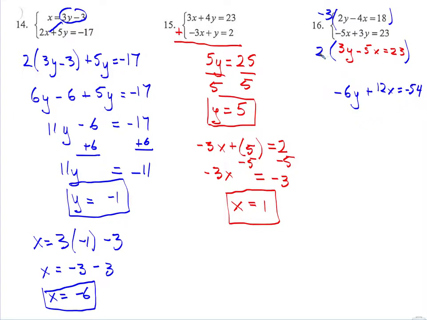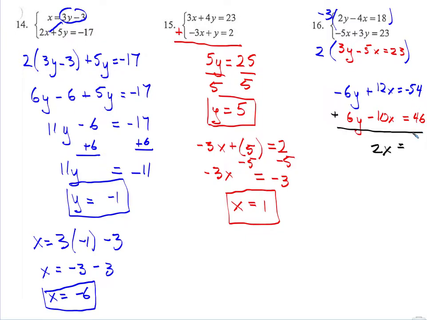And then multiplying the 2 through our equation becomes 6y minus 10x is equal to 46. And then let's go ahead and add those. Add these up. And the y's go away. We have a 2x, and I have a negative 54 and a 46.